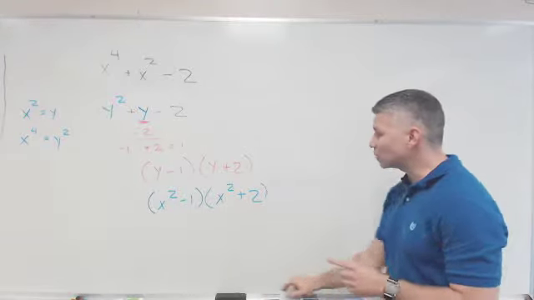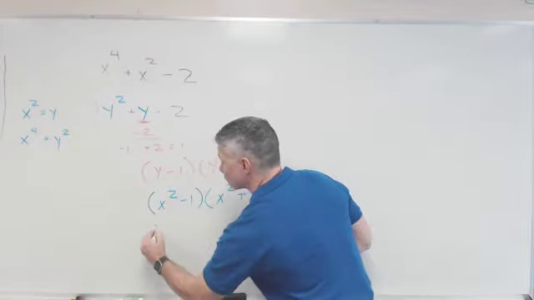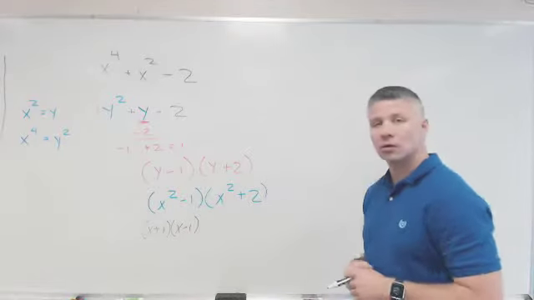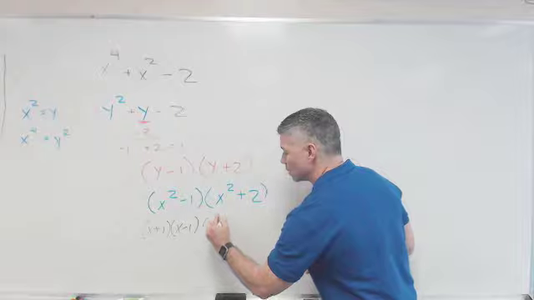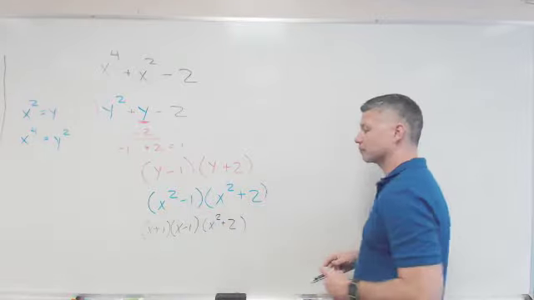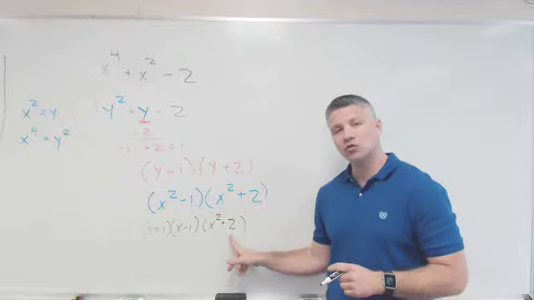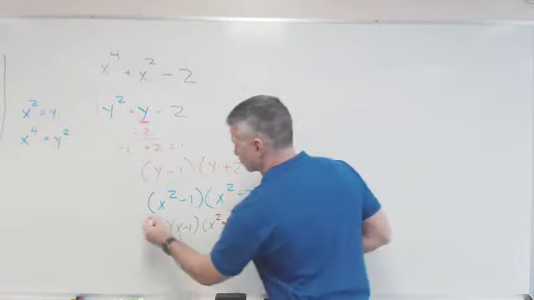This is a difference of squares. This factors to x plus 1, x minus 1. This does not factor, so we keep it the same. X plus 1, x minus 1, x squared plus 2 is our final answer.